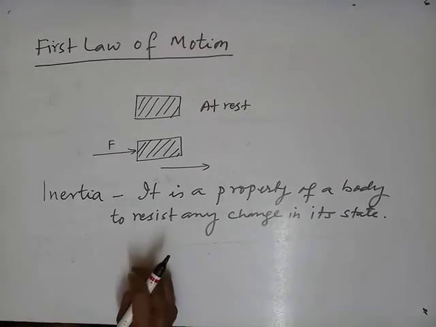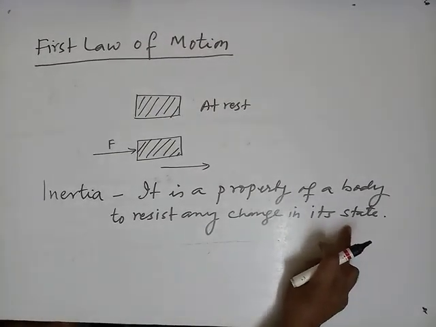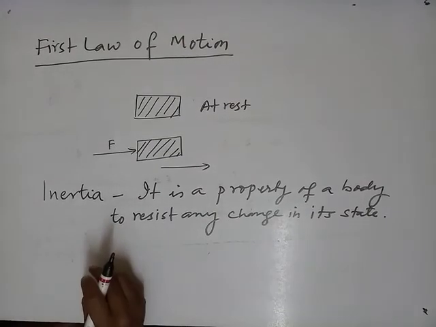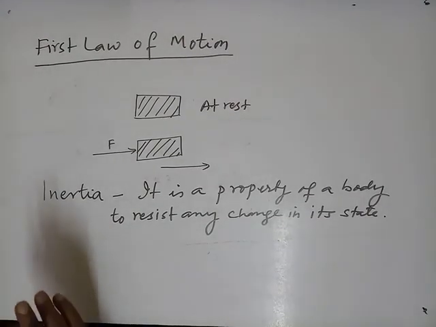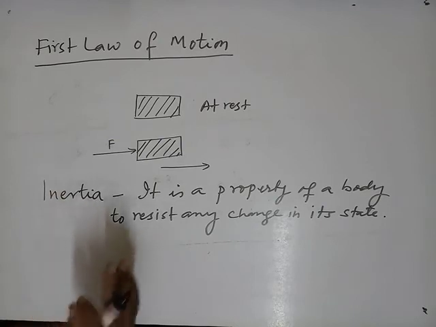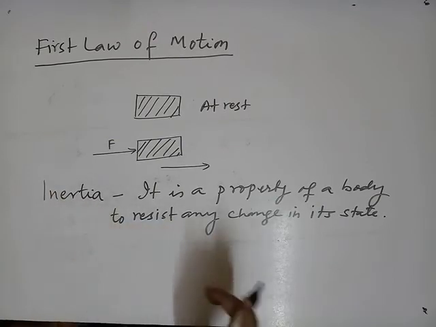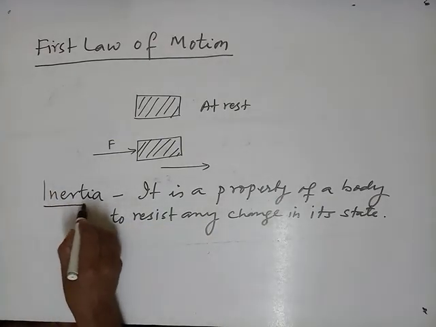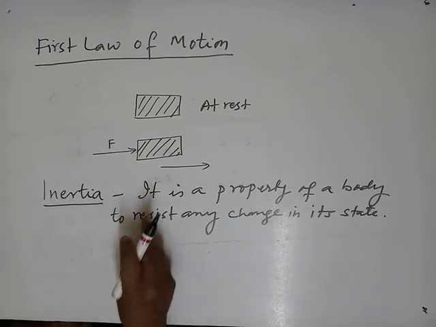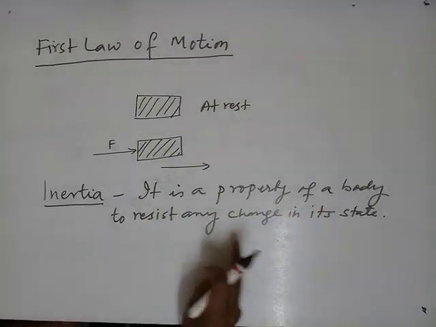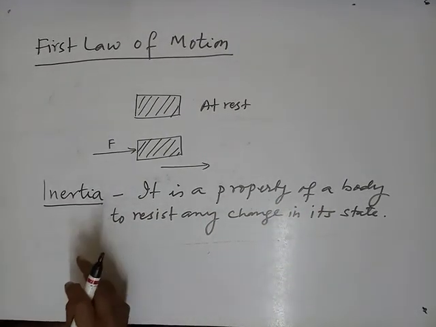State means what? Either it is at rest or moving, that is called the state. The body can have two states: either it is at rest or it is moving. So that is called inertia. It is a property of a body to resist any change in its state. It means the body doesn't want to be changed.